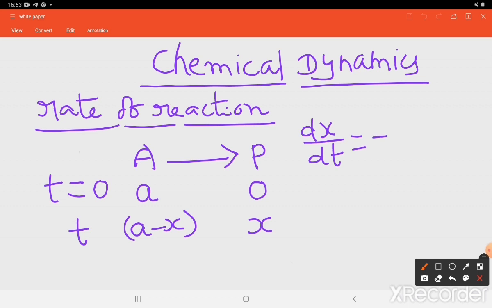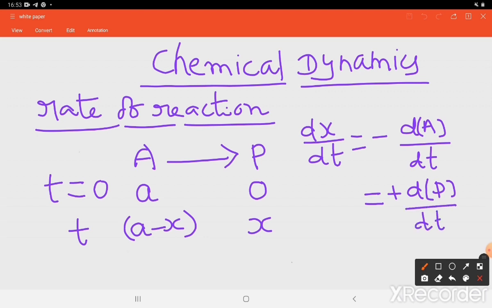minus d of A concentration by dt. That means this dx is the change in the concentration, dt is unit time. So rate of reaction can be defined as change in the concentration of reactant or product in unit time, or decrease in the concentration of reactant in unit time, or increase in the concentration of product in unit time is called the rate of reaction.